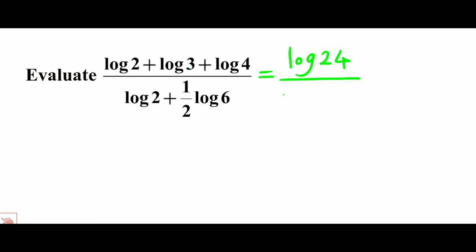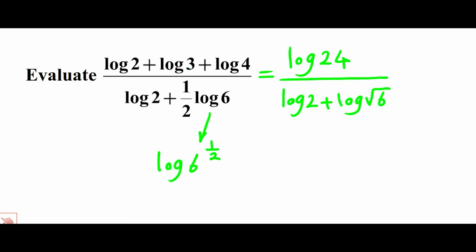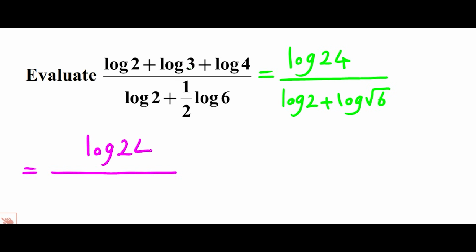Over log of 2 plus 1/2 log of 6 equals log of 2 plus log of 6 to the power of 1/2, or log of the square root of 6. Right? So we have log of 24 over log of 2 times the square root of 6.